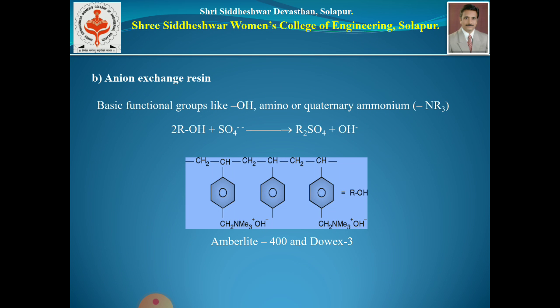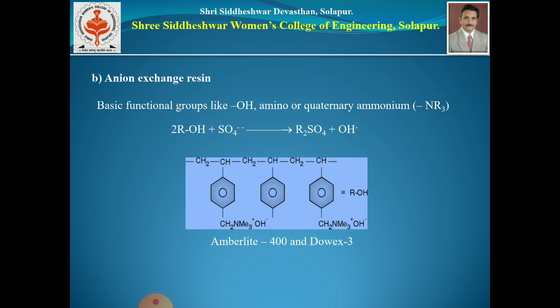Then there is one more resin used, that is anion exchange resin, in which basic functional groups like OH, amino, or quaternary ammonium are present.